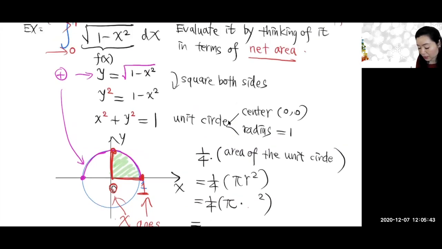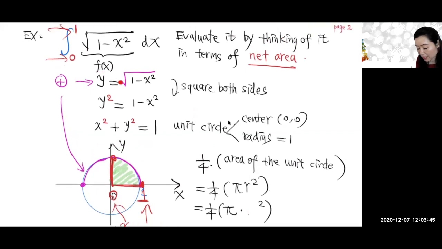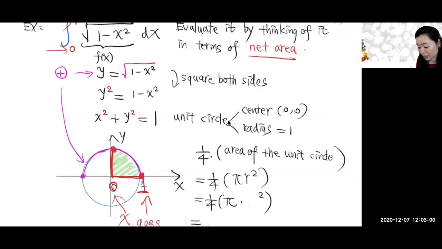Now, y equal to the positive square root, so y is going to be non-negative. That corresponds to the upper half of the circle. Y cannot be negative, this is a positive root.